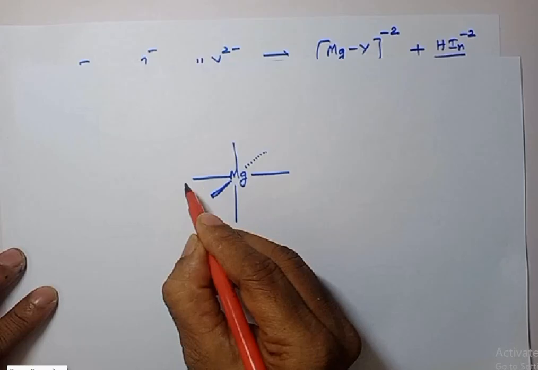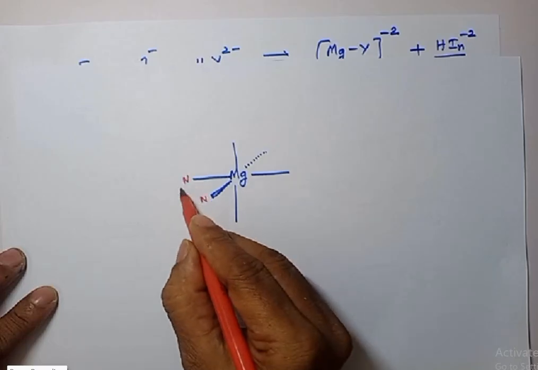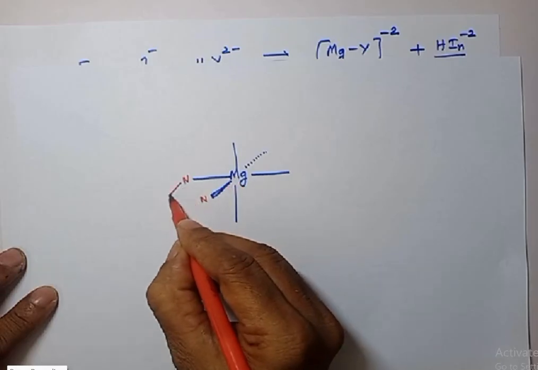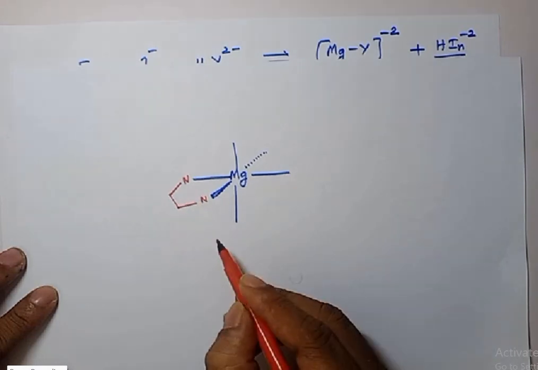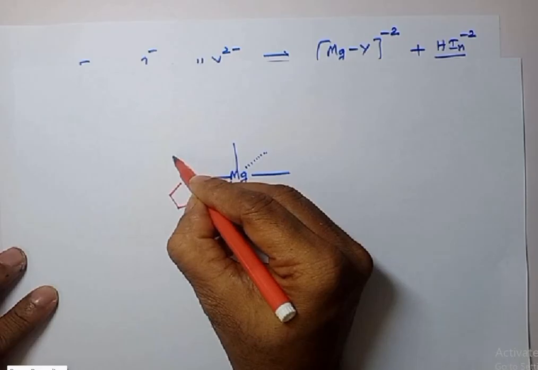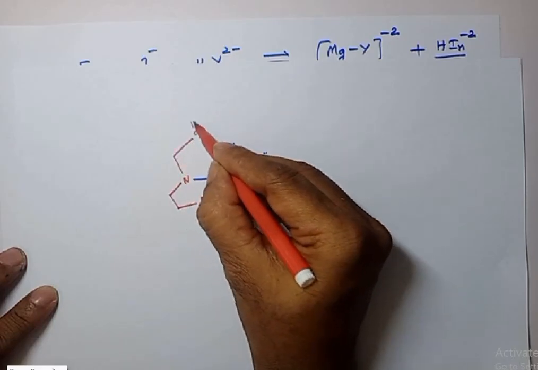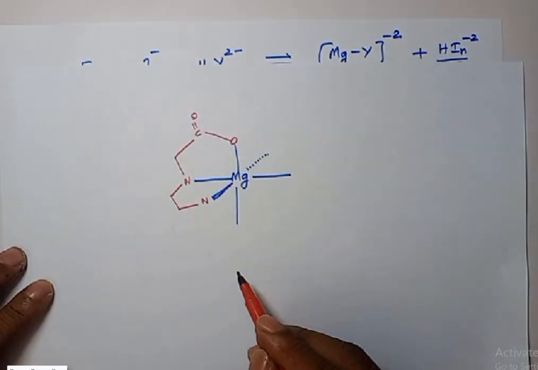We have one nitrogen and another nitrogen. They form coordinate covalent bonds with the metal, and this is the ethylene structure, CH2, CH2, and there are four acetate groups. So one acetate group, let me write here CH2, C double bond O, which forms one coordinate covalent bond.